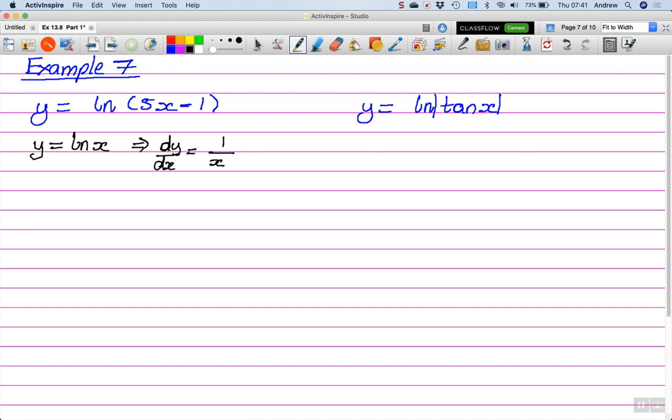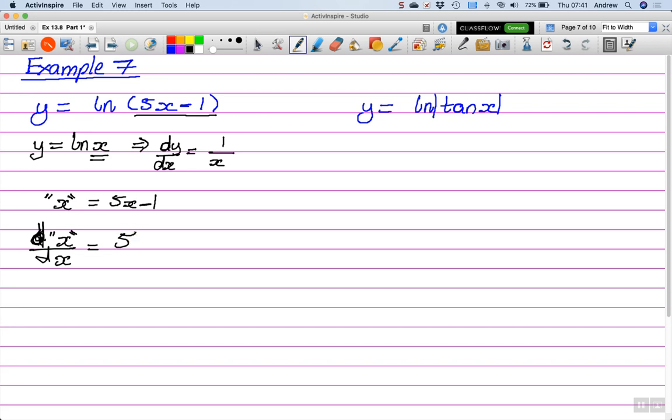So how do we do this? Well, what's the value of x? The value of x from our formula relates to 5x minus 1. We're now going to differentiate this to get the multiplying factor. And the multiplying factor is 5.